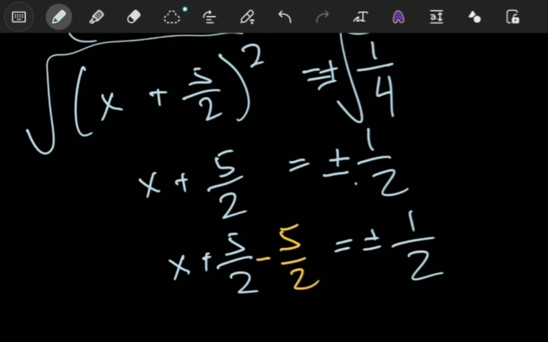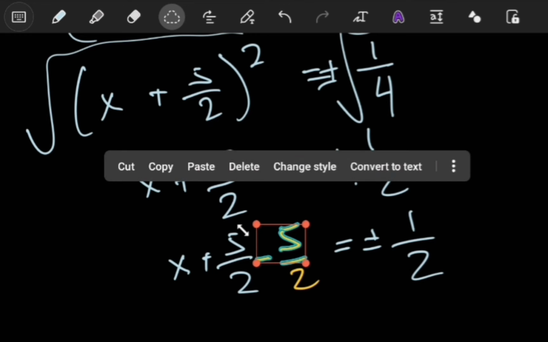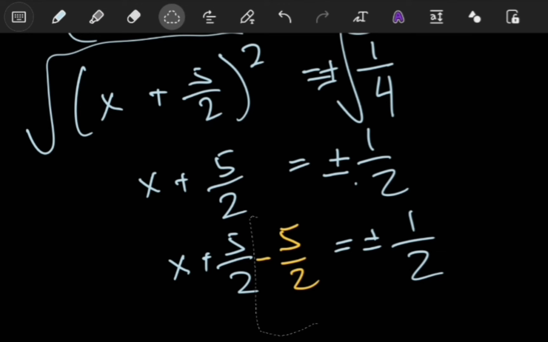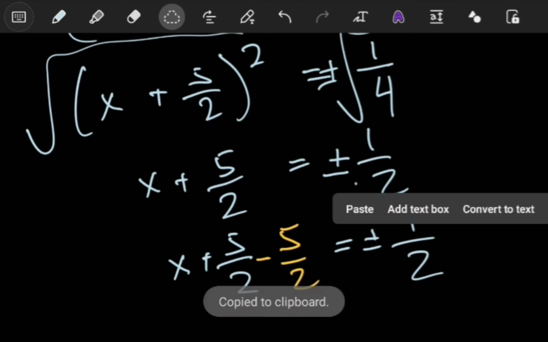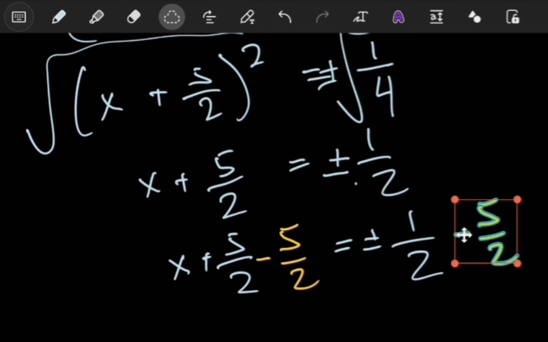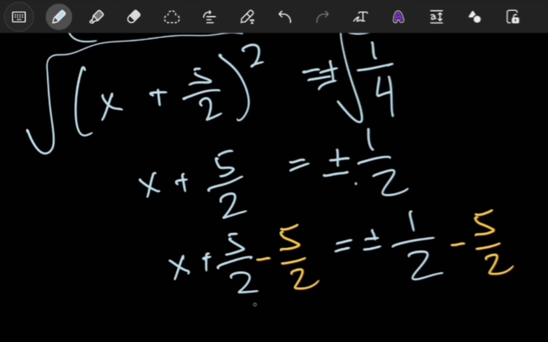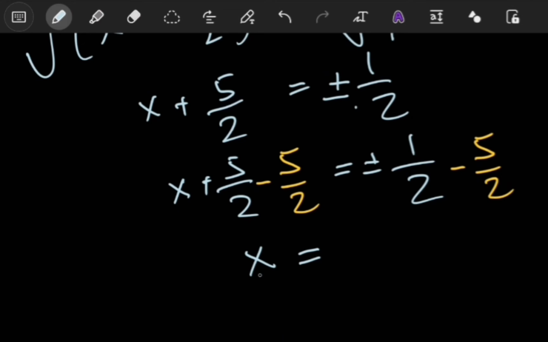So I'm going to copy this one here. Okay, so evaluate again. So this will become 0. So x is equal to, so we have two answers for x. So we have x1 and x2 since we have this notation.